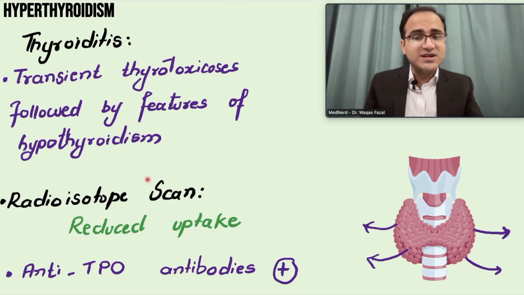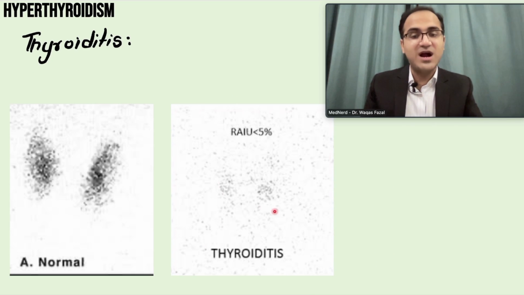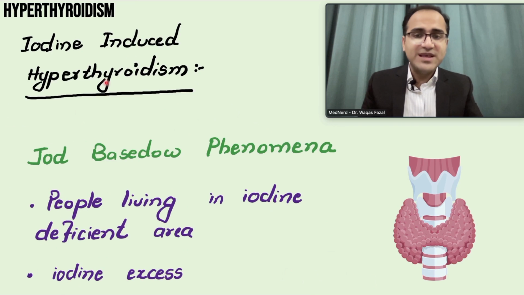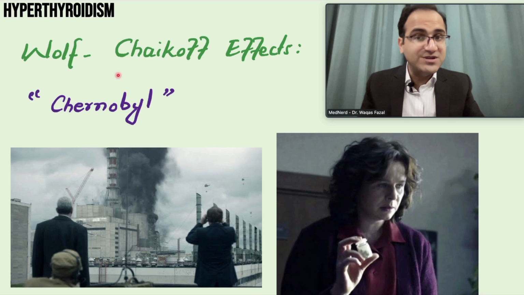Thyroiditis, we discussed how there is reduced uptake and sometimes the antibodies can be positive. Initially thyrotoxicosis, later on there will be hypothyroidism, decreased uptake on the thyroid scan. Then we discussed iodine-induced hyperthyroidism, the Jod-Basedow phenomenon. People living in an iodine-deficient area go to an area with more iodine and develop hyperthyroidism. Then we discussed the Wolff-Chaikoff effect with the story of Chernobyl.